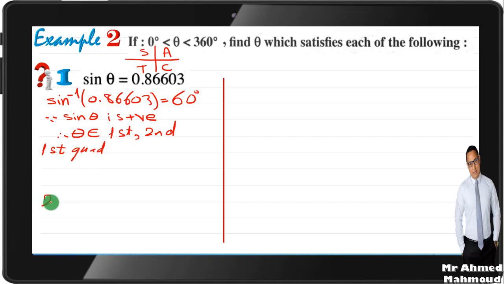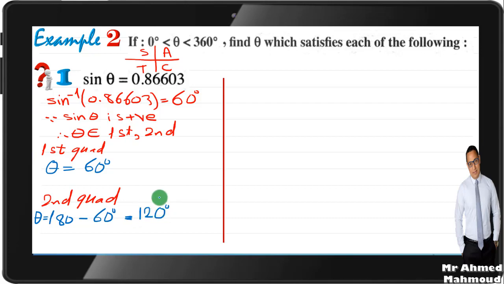In the first quad the angle is theta direct, the given angle direct, 60 degrees. In the second quad it is 180 minus 60 degrees. This is theta equal 120 degrees.